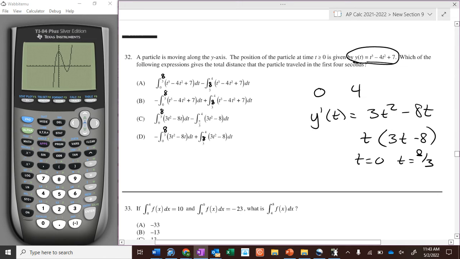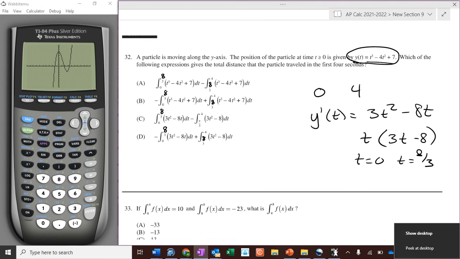Okay. So then we have to integrate this function. Now, we have to know that it crosses the axis at 8/3 and it crosses the axis at 0.